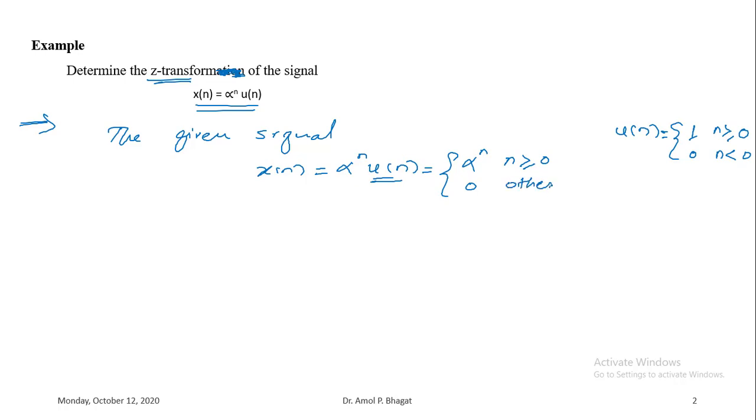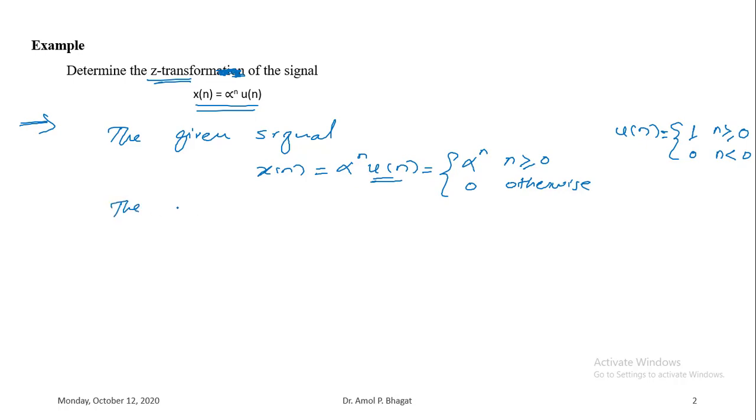That means for negative values of n, x of n will be 0, and for non-negative values of n, x of n will be alpha to the power n.